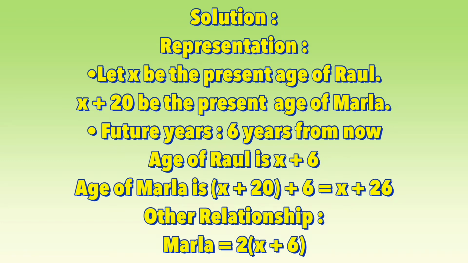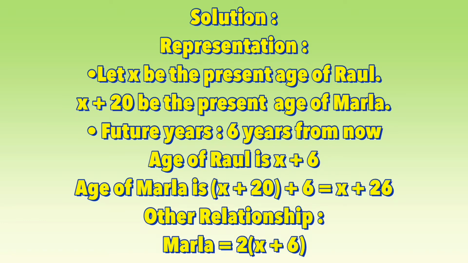The age of Raul is x plus 6 because we're going to add 6 years to the present age of Raul. Age of Marla is x plus 20 plus 6 equals x plus 26. So we're going to simplify it, x plus 26 is the age of Marla in the future years.